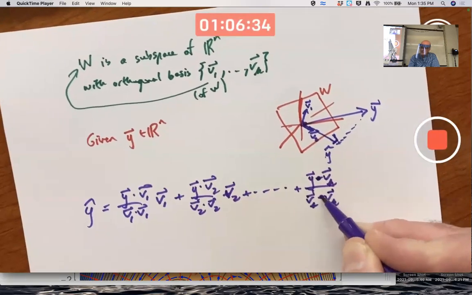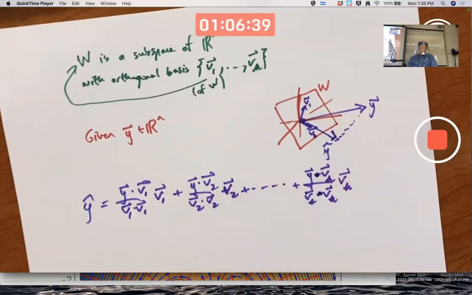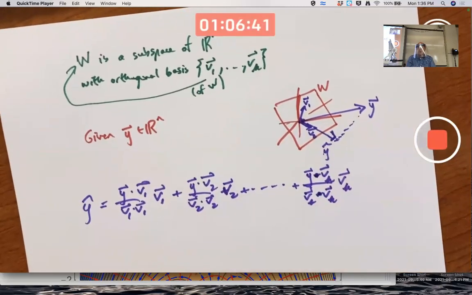Sorry, these are dot products. That's a pretty nice formula to find the closest point in W to Y.